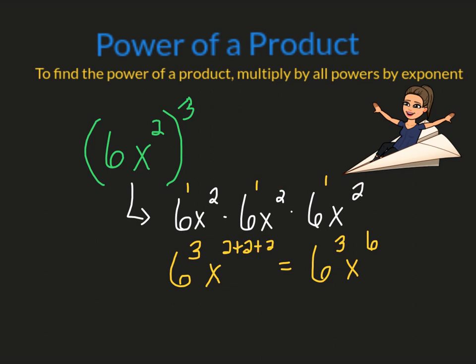I actually wrote it out, which is 2 plus 2 plus 2, which is 6. So 6 to the third power, x to the 6th. Sometimes some books or handouts or websites or whatever, they will want you to go ahead and work that out, 6 times 6 times 6, and then put that next to x to the 6th power. But right now this is okay for you to leave it like that.